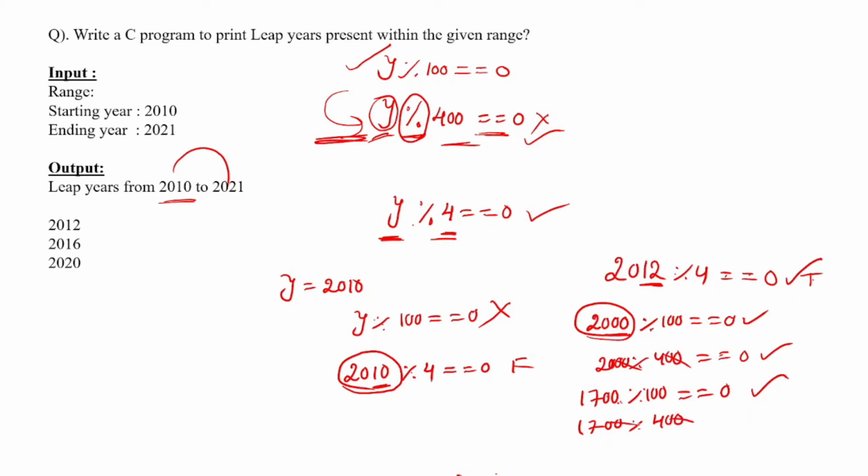Now see, these two zeros get cancelled. 17 by 4 is not completely divisible, so the remainder is not 0. So 1700 is a non-leap year. These are the conditions to check whether the given year is a leap year or not. Now go to the editor for the complete explanation and to see the result.